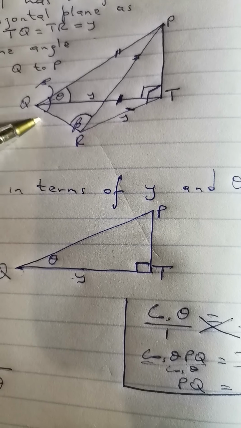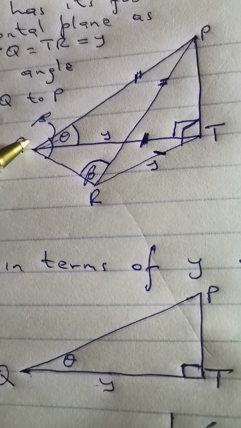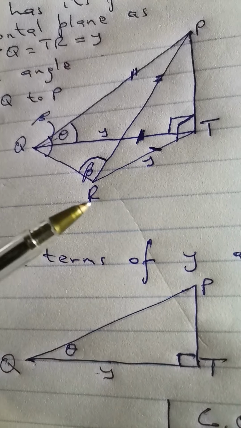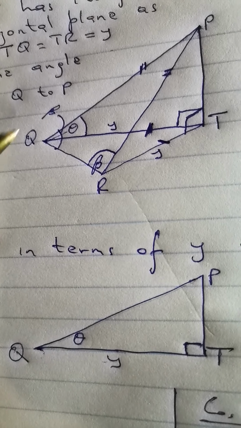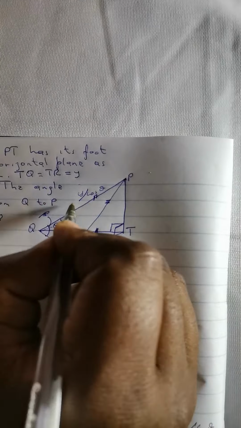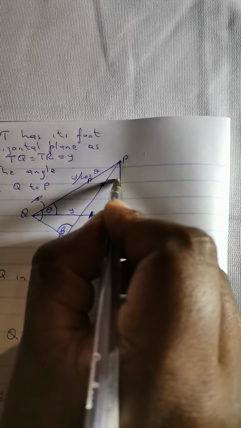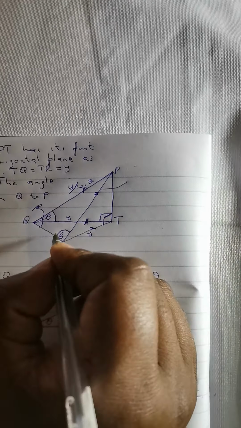So another triangle that line QR lies in is actually triangle QPR. And in triangle QPR, we have line PQ that's equal to y over cos theta. And also line PR, because they told us that line PR is equal to line PQ.